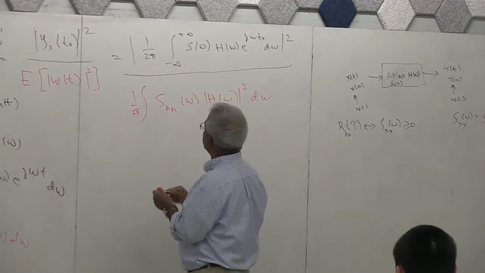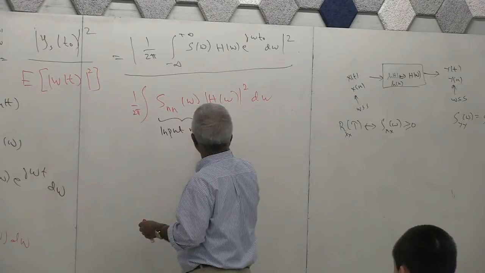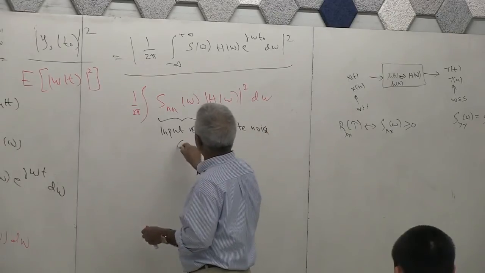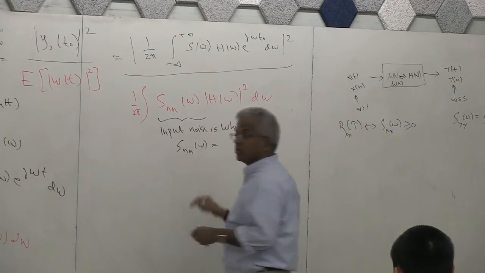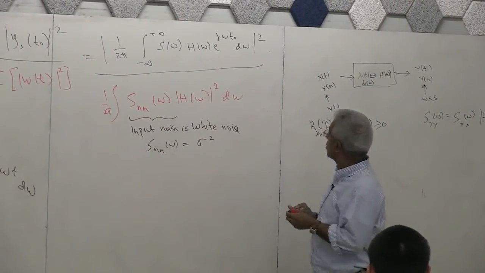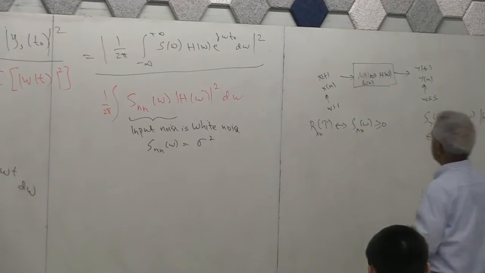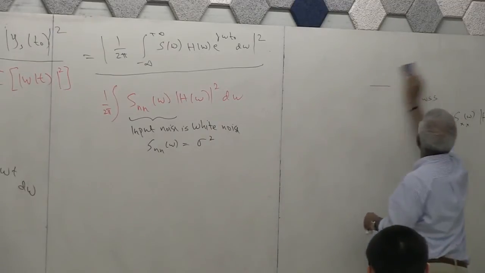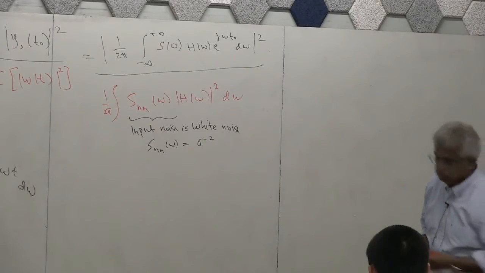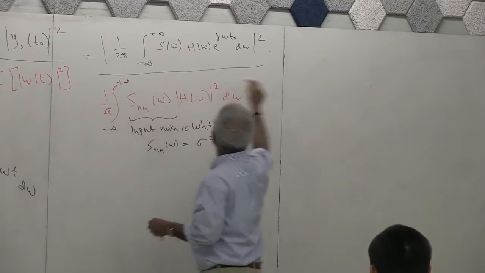First, I am going to do the case where the input noise is white noise. Later we can do the colored noise case. So if the input noise is white noise, what is S_n(omega)? Anyone? That's sigma squared, a constant. So that constant goes outside, with the same limits, minus infinity to plus infinity.